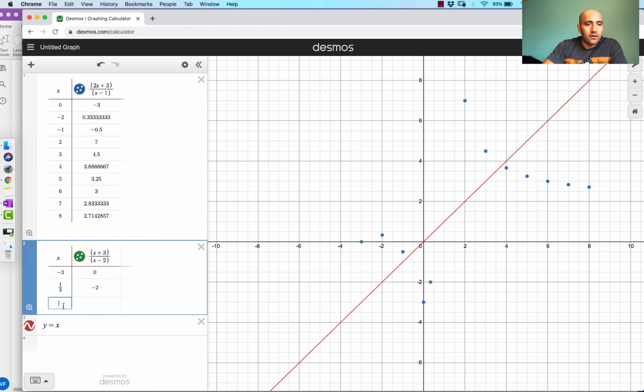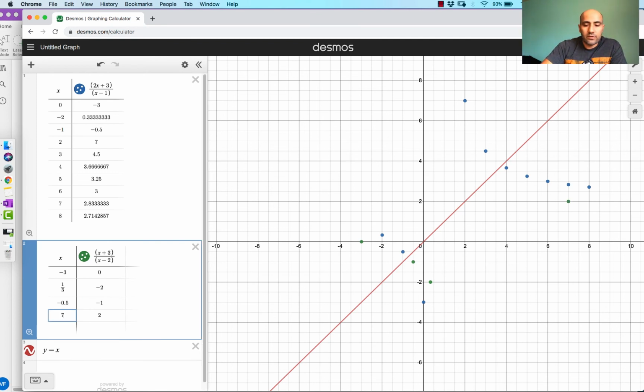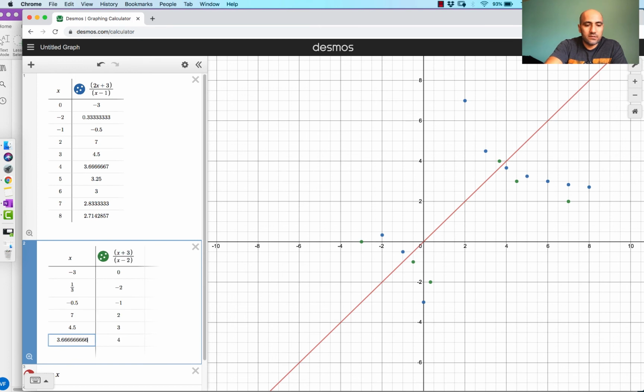So I know that negative 0.5 is going to lead to negative 1. And I know that 7 is going to lead to 2. And I know that 4.5 is going to lead to 3. And I know that 4.666666667 is going to lead to 4.